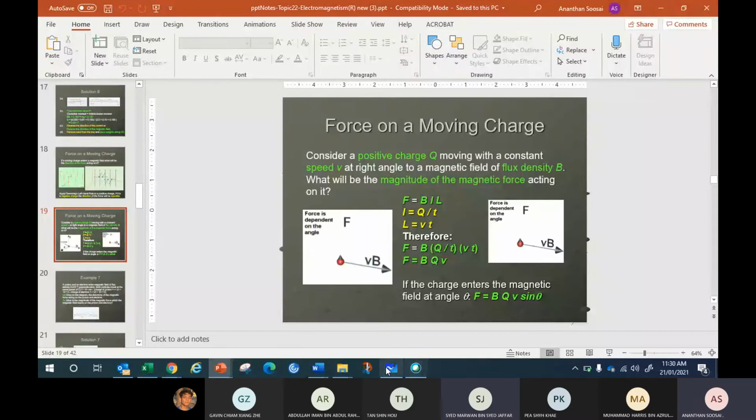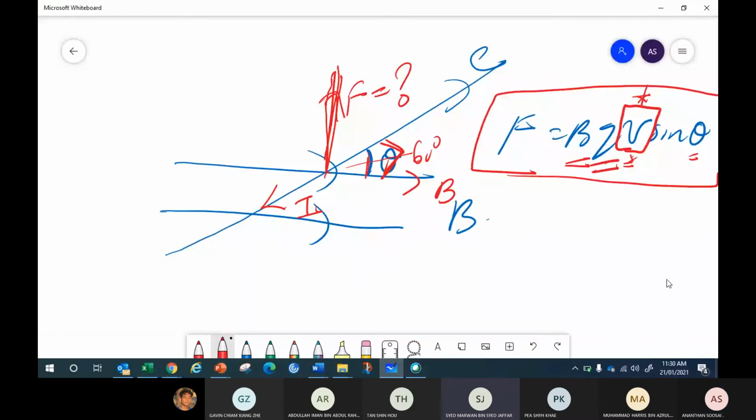So for a positive charge, for example a proton moving in this situation, if the magnetic field is going to the right, the force is acting downwards. But if it's an electron, the force is acting upwards.